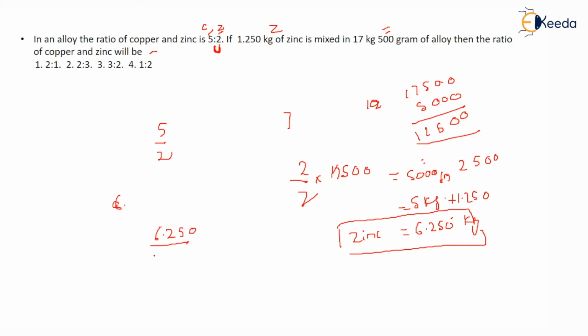They ask you the ratio of copper upon zinc. Copper comes out to be 12500, zinc comes out to be 6250. This cuts out, and this comes out to be 2 by 1. 2 by 1 is your first option, so the first option is right.